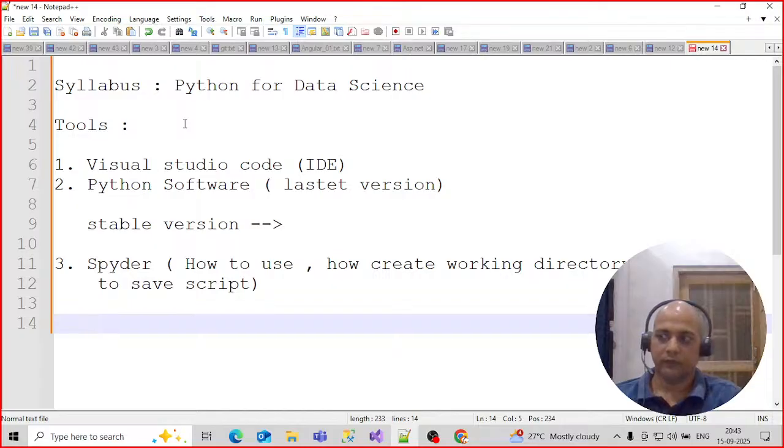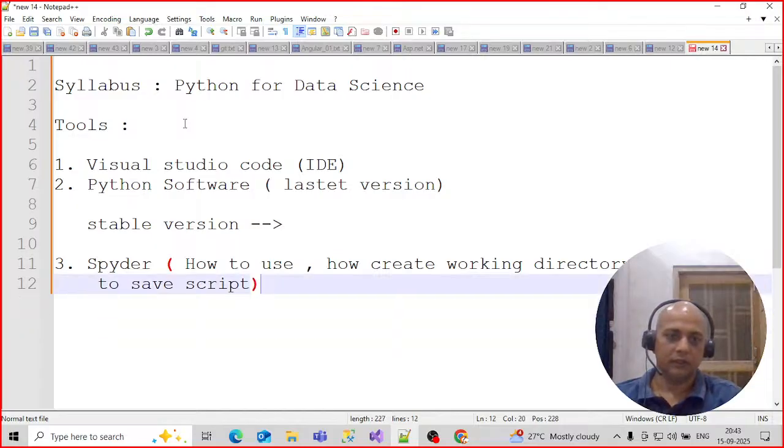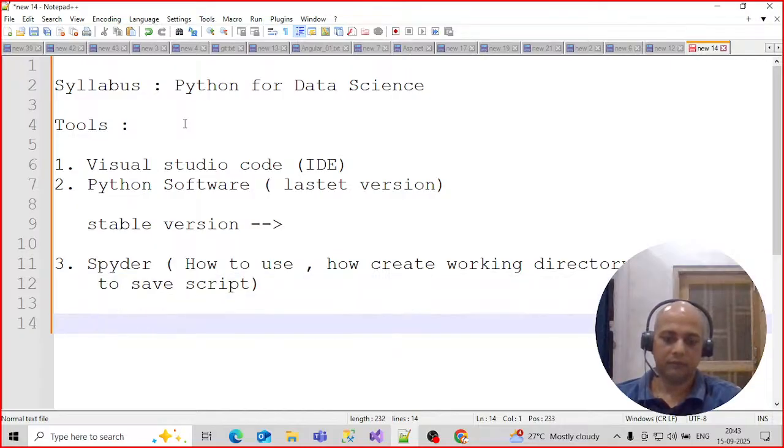So this is the beginning, and then we will start from the data types, right?